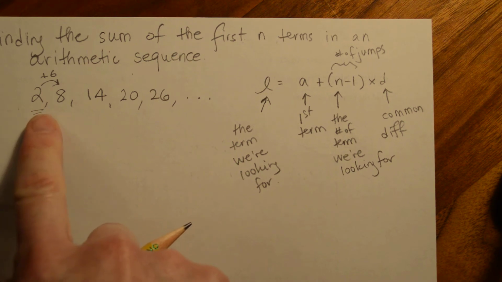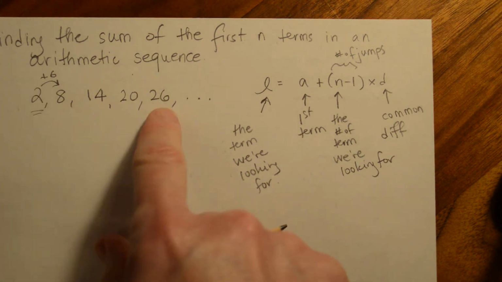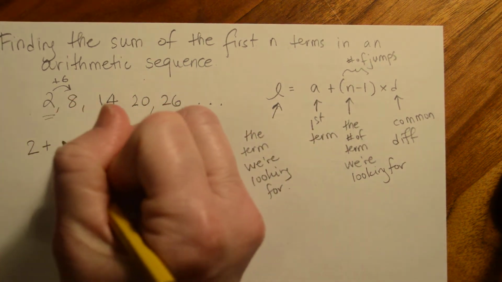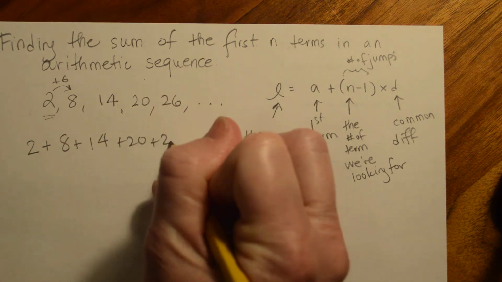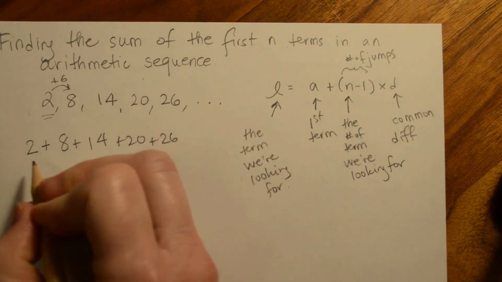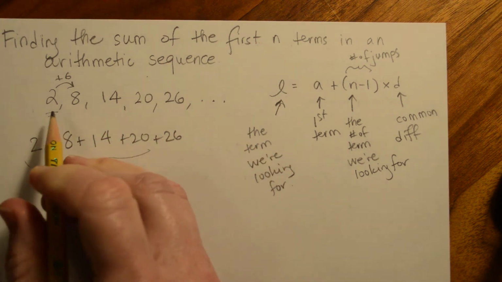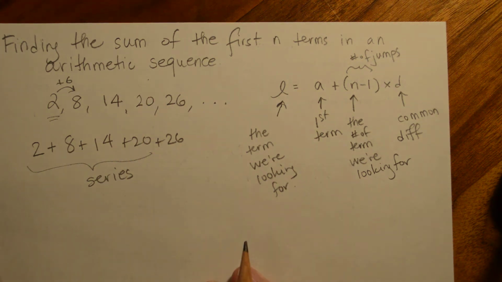Now let me just point out something. If we take this 2, 8, 14, 20, 26, that is called an arithmetic sequence. If we change it to 2 plus 8 plus 14 plus 20 plus 26 and so forth, this now becomes what's called a series. When we take the terms from a sequence and we add them up, it becomes a series.